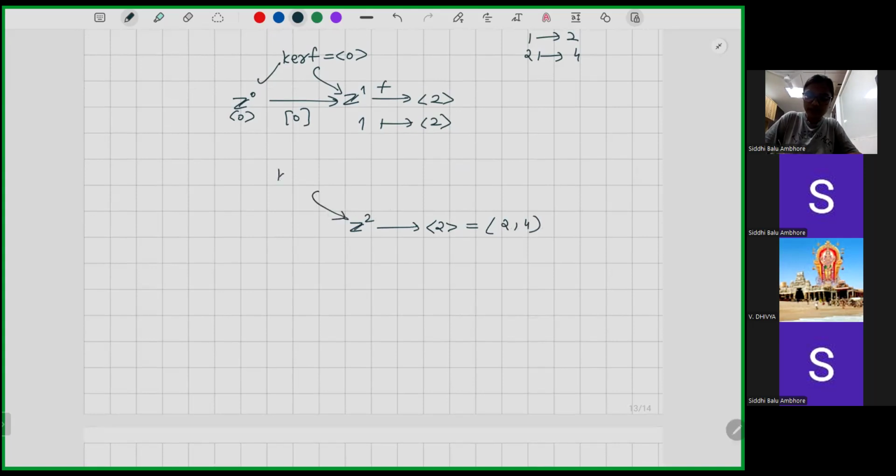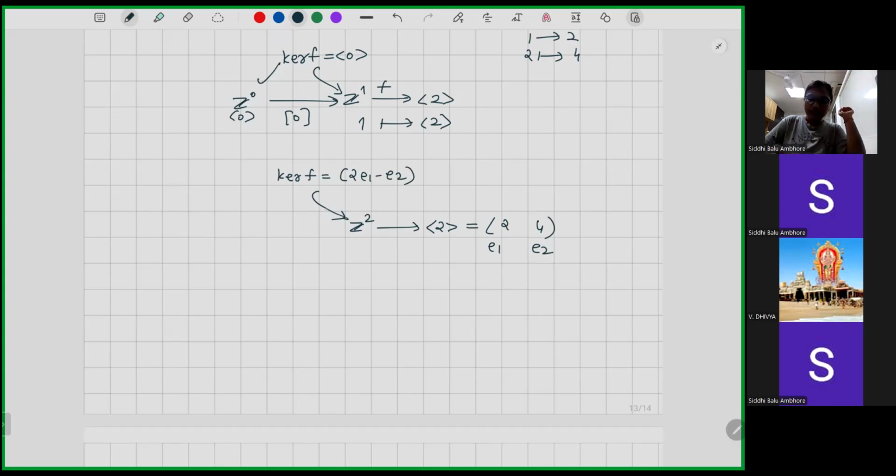And what is the kernel of this map now? If I consider the basis E1 and E2, it is 2E1 minus E2. I am now looking at the ideal generated by 2 as a quotient of Z^2. You can do that since we are in modules.